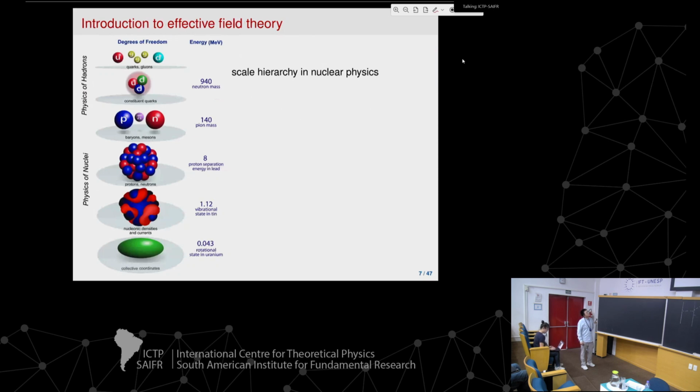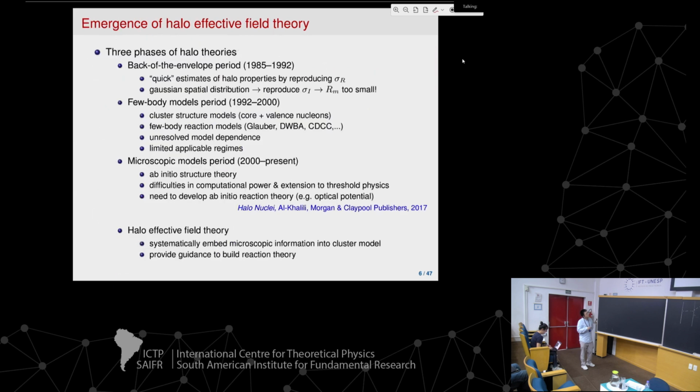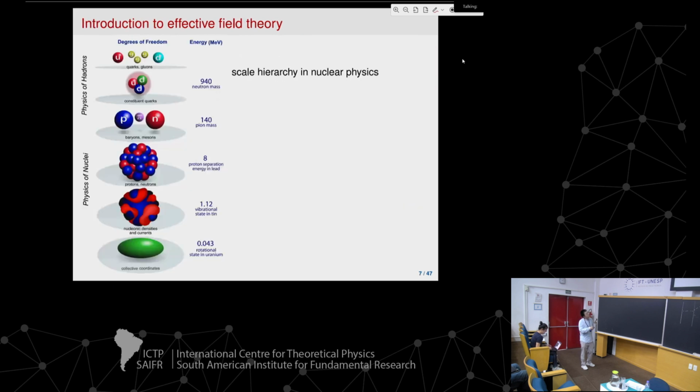I think Ingo already gave a really nice introduction to chiral effective field theory, so I will show this plot again. This is a plot showing the different energy scales in nuclear systems, starting from QCD scales all the way to atomic nuclei, and also rotational or vibrational states for nuclei.